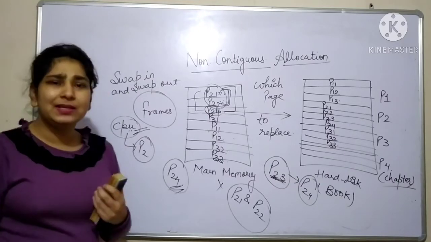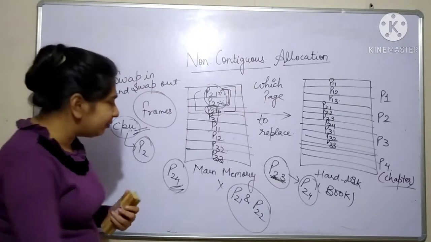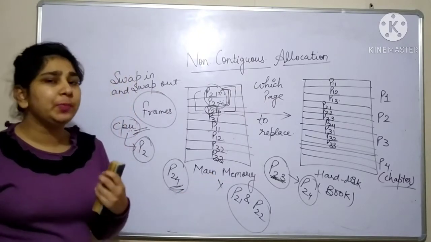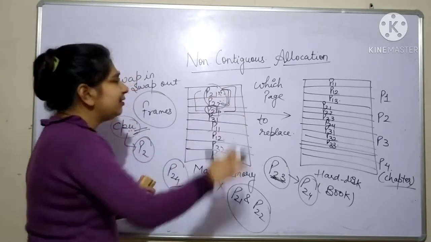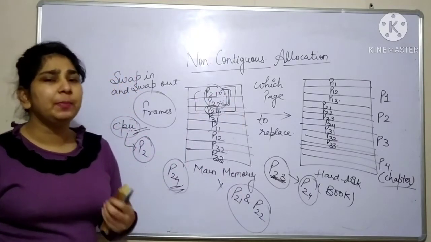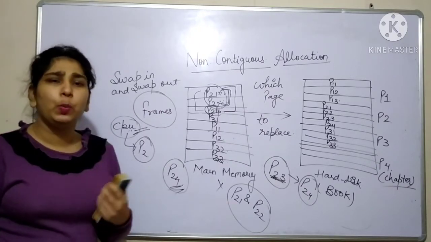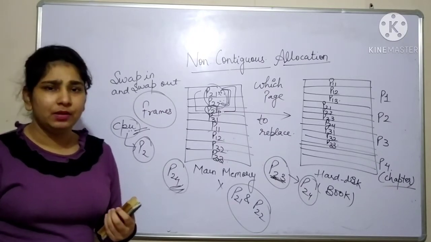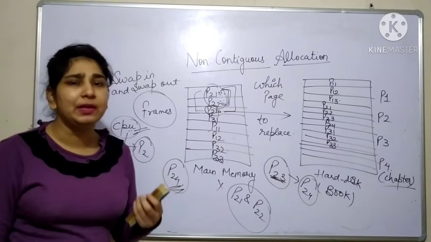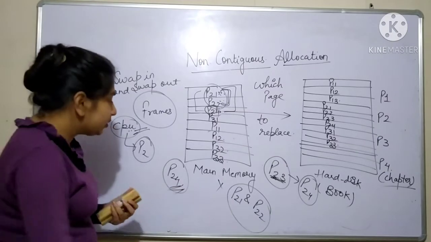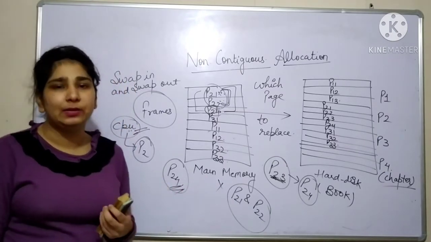So what is the necessary condition? You keep in the main memory the pages which your CPU requires. Don't keep any extra page which your CPU does not require, because again and again you will be swapping in and out. So we will discuss various page replacement algorithms.